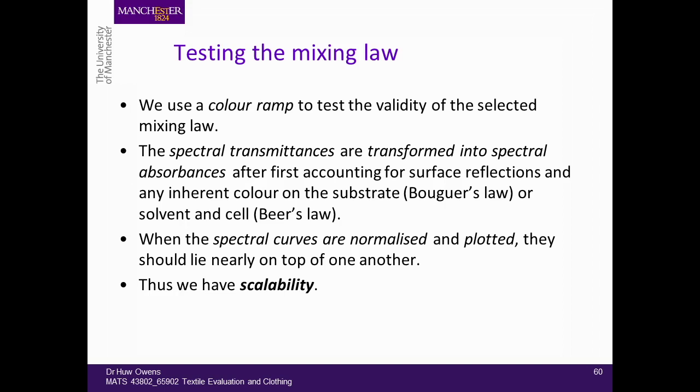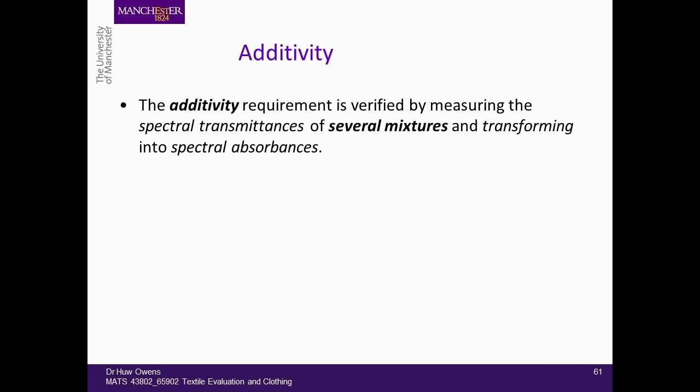We see whether at different concentrations we get the same shaped curve, but at different amplitudes, different heights. If we then normalise those, dividing by the maximum value on each of these curves, and they all sit on top of each other, then we know we've got this scalability.